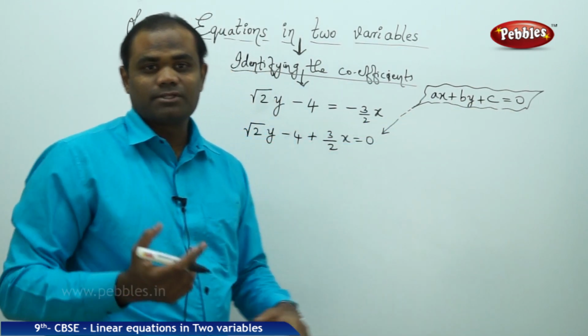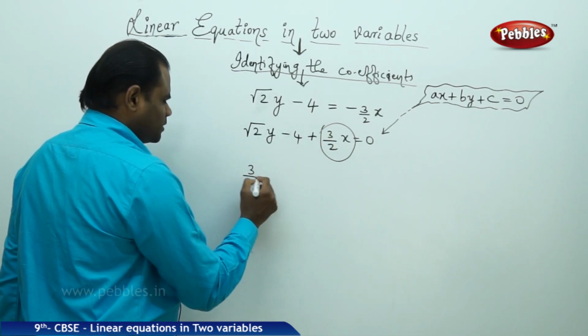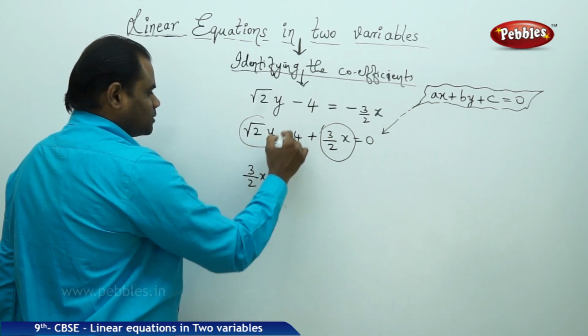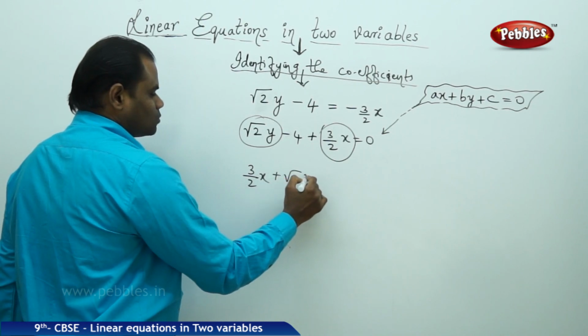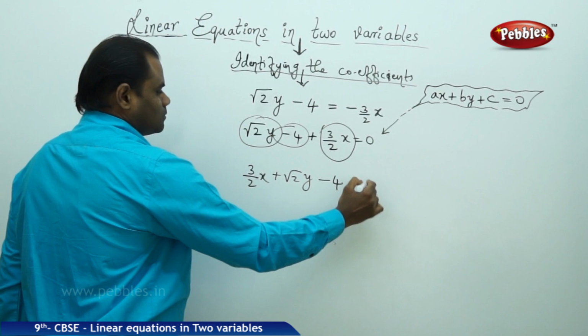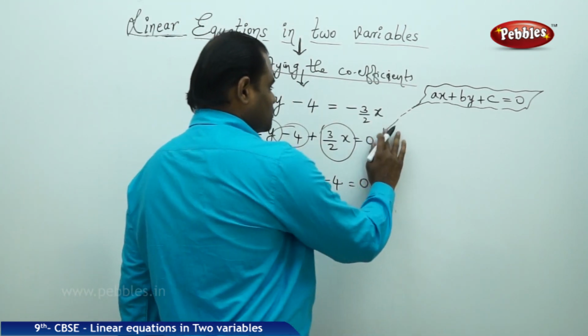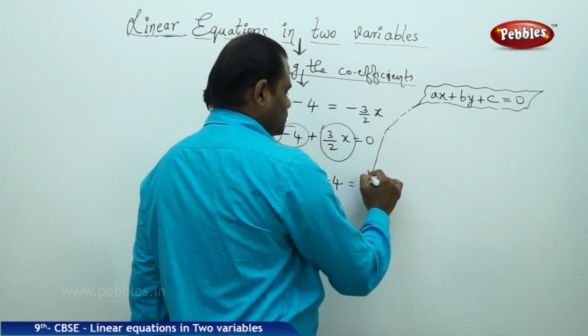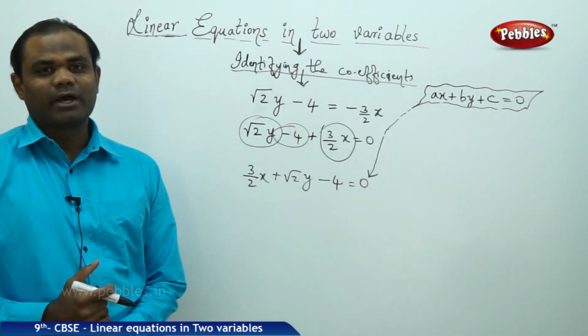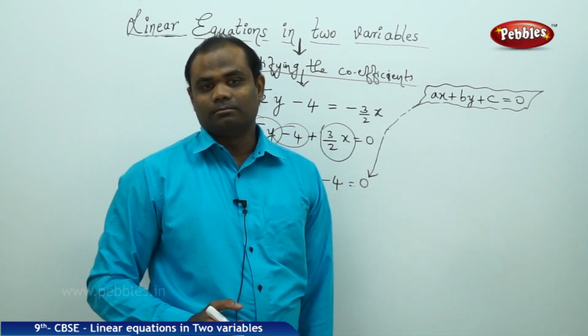So let's go with the same rule: an x term, 3/2x, then the y term, root 2y, and then the constant, equal to 0. This is how we express it in the general form ax plus by plus c equal to 0.